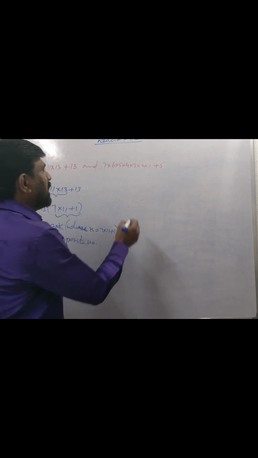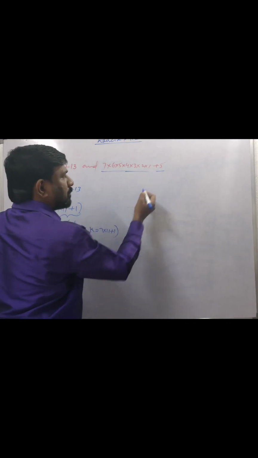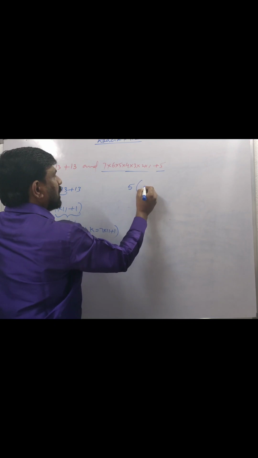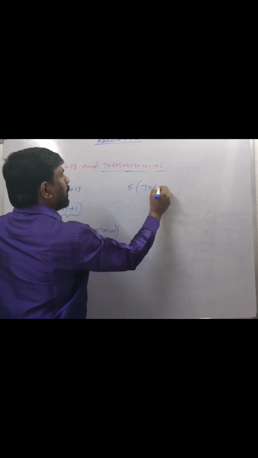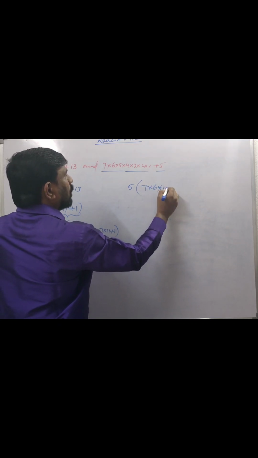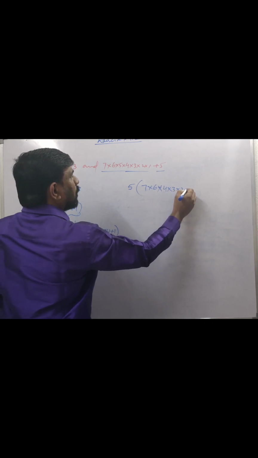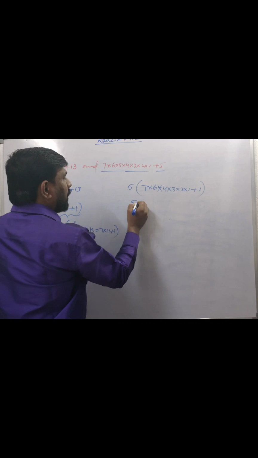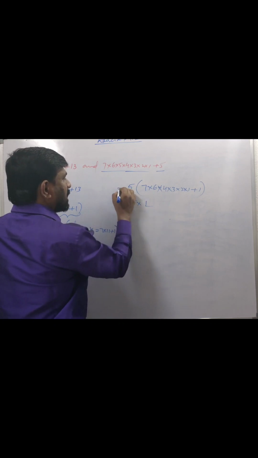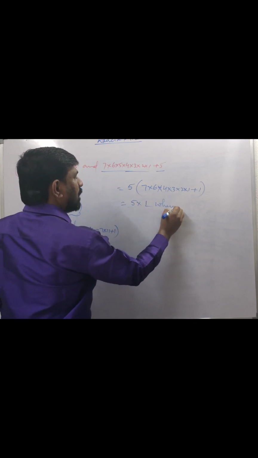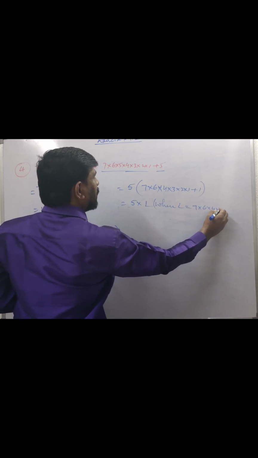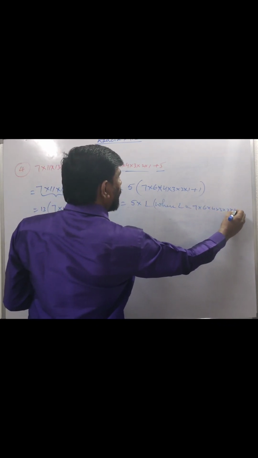In the similar way, here also you observe. You take out 5 common in this: 7 into 6 into 4 into 3 into 2 into 1 plus 1. Right? I have taken this sum as 5 into L, where L is equal to 7 into 6 into 4 into 3 into 2 into 1 plus 1.